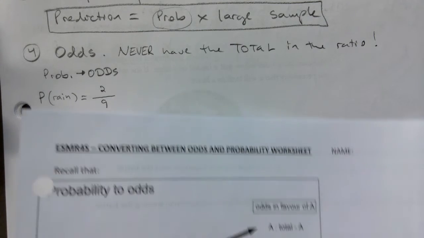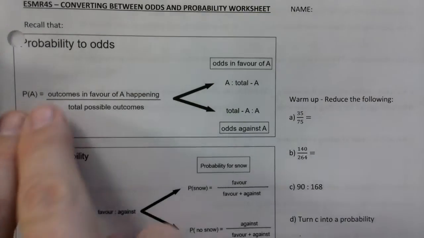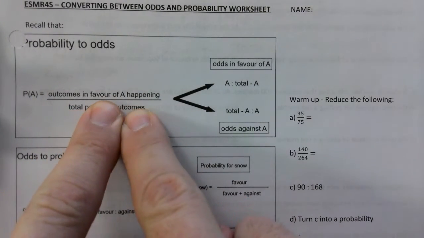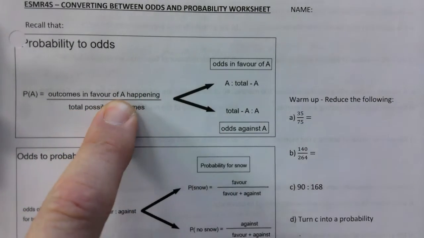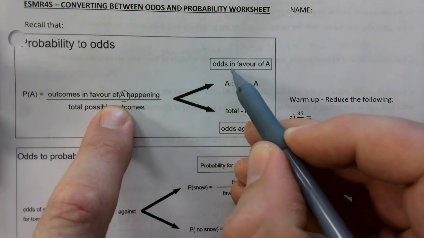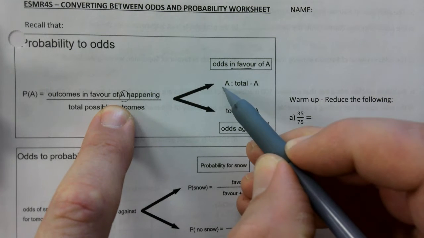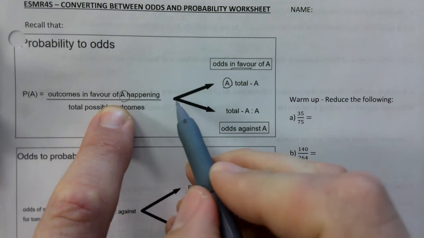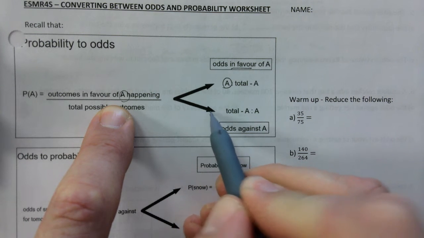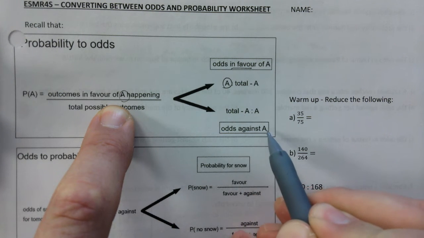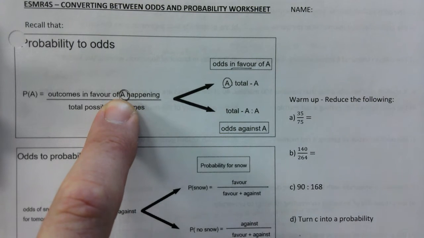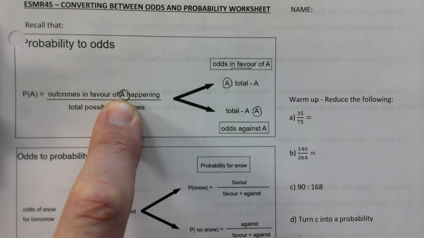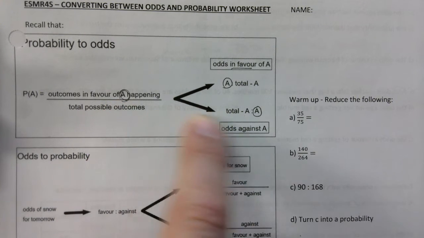So if I give you a probability, it will be a fraction. We're looking at a particular event, we call it A. If you want the odds in favor of this happening, A goes up front. If the question branches off and says, find the odds against A happening, so let's say for us it's rain, you would put the A, the number of occurrences of rain, on the other side of the ratio.